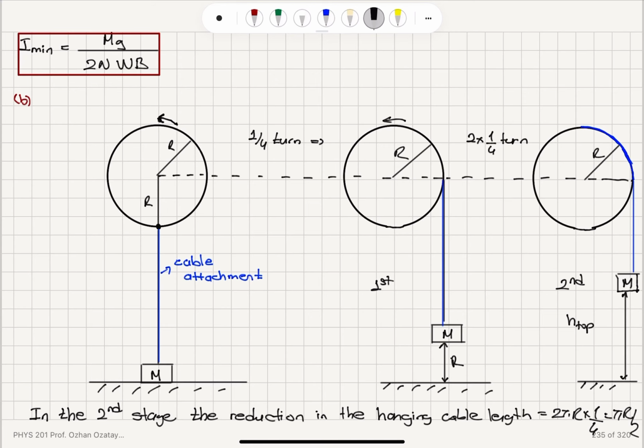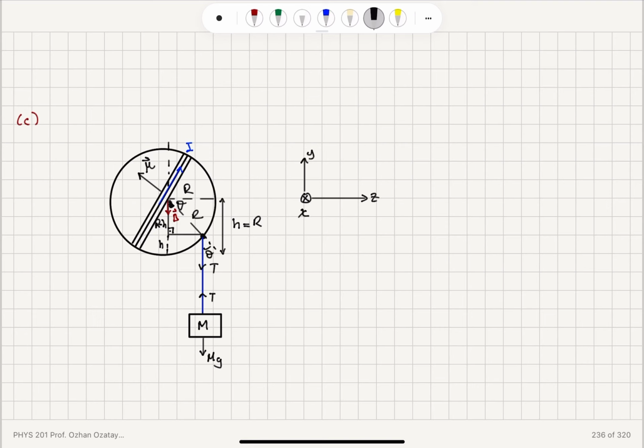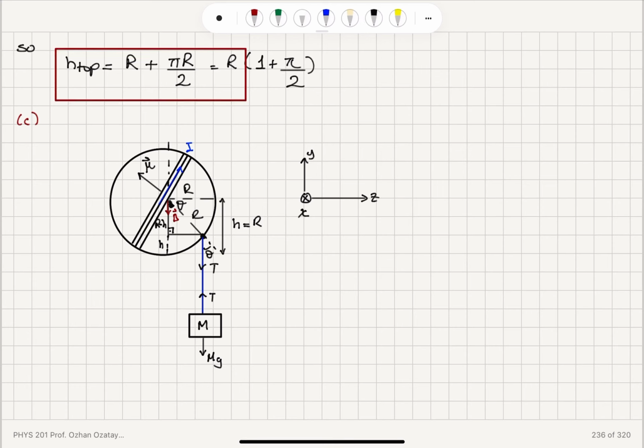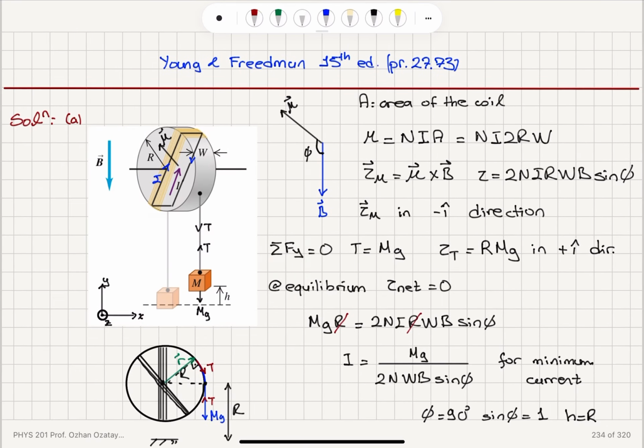Therefore, I will see that for half a turn of the cylinder, h top, the new position, will be equal to capital R plus the second stage pi r over 2. So this will give me capital R times 1 plus pi over 2. So that will be the position of the mass.